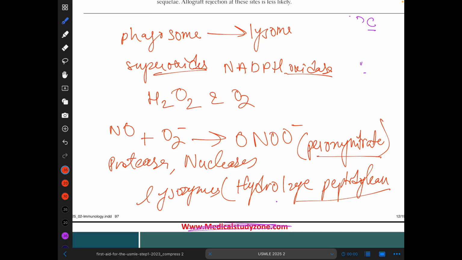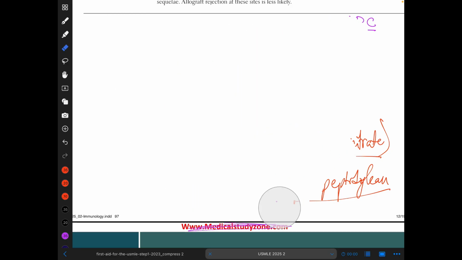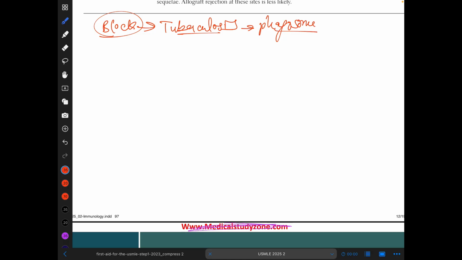Secondly, some pathogens block this process of phagocytosis. It is not that our system overcomes all bacteria; some pathogens block the phagocytosis process, mainly tuberculosis. Tuberculosis modifies the phagosome so that it is unable to fuse with the lysosome.